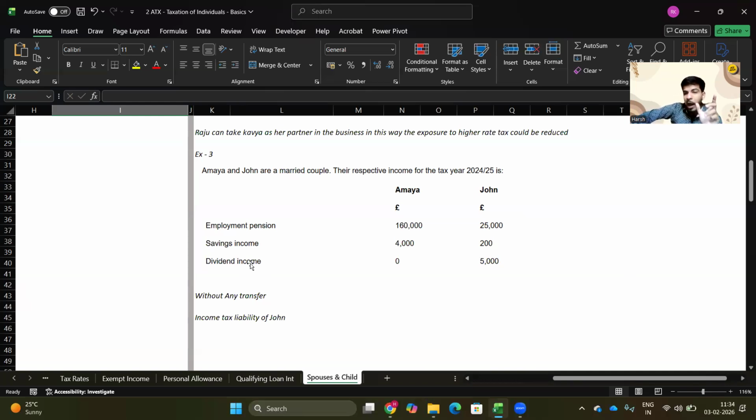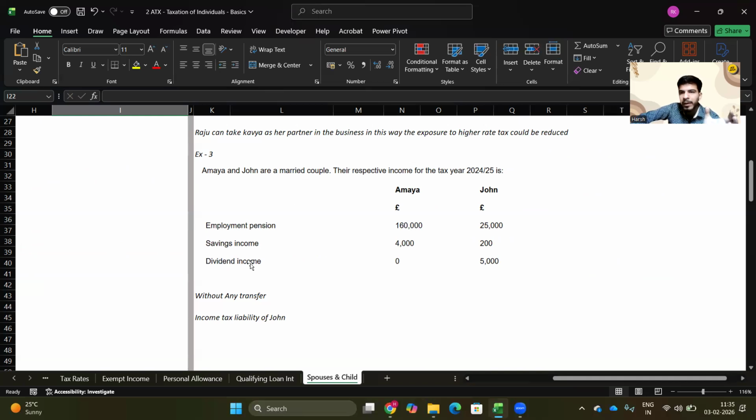Amya would be taxed at a higher rate, while John still has his savings income nil rate band available. He has not utilized it fully. Can it be a tax plan for us? Yep. Dividend income again: Amya isn't using any of her dividend income nil rate band, as she does not have any dividend income.